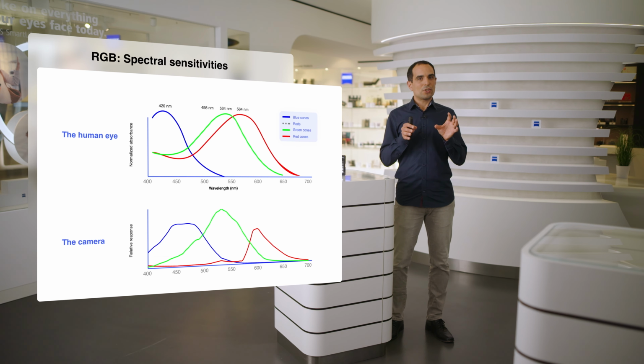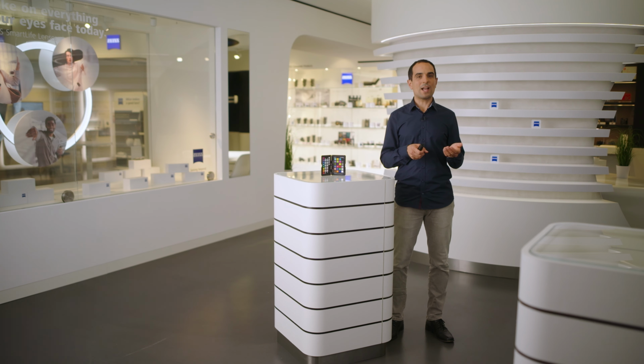Here, the green channel will be the dominant one, and you will have a larger separation between the blue, the green, and the red channels than you have in the eye. These differences will make the sensor reproduce colors natively differently than the eye does, and so we will have to correct for this different color reproduction with several algorithms.